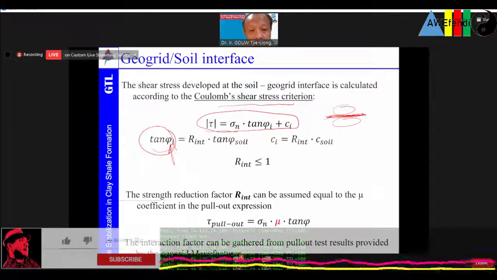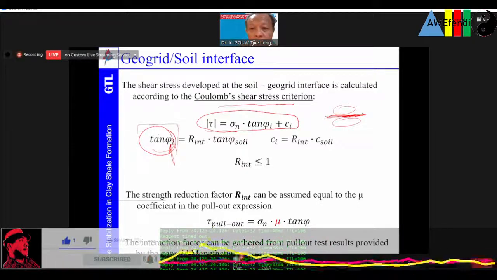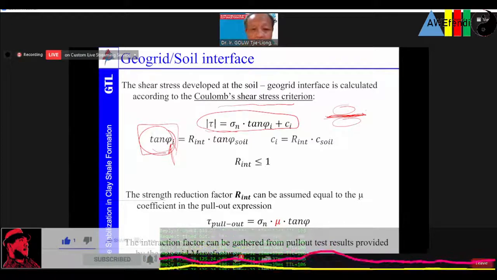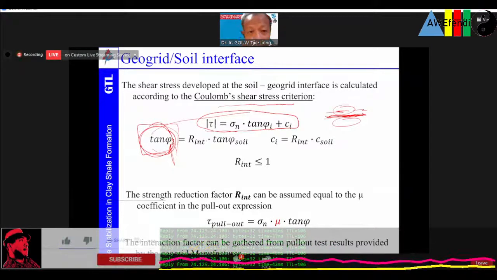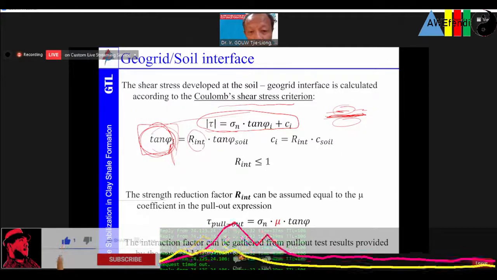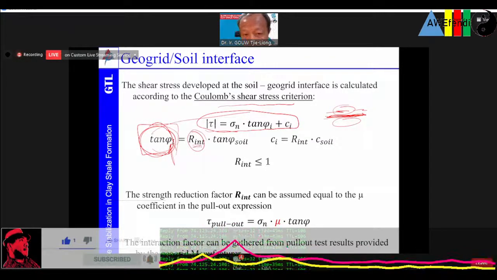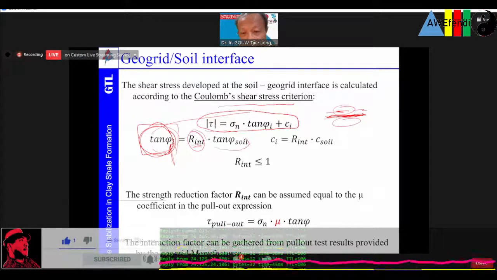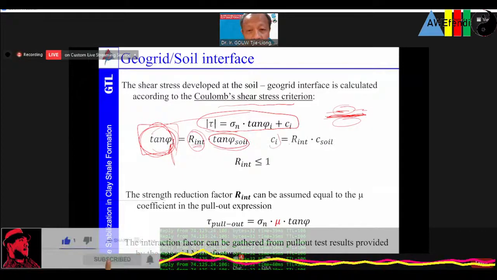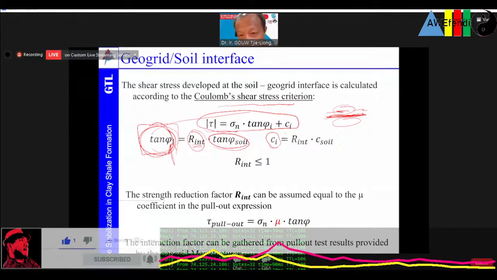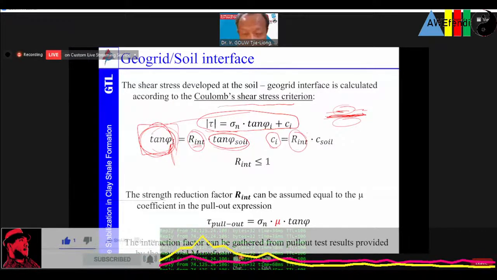For the interface, the internal friction angle will be reduced by R inter, the reduction factor, multiplied by tangent phi of the soil. The cohesion will be the same, the reduction factor multiplied by the original soil cohesion.